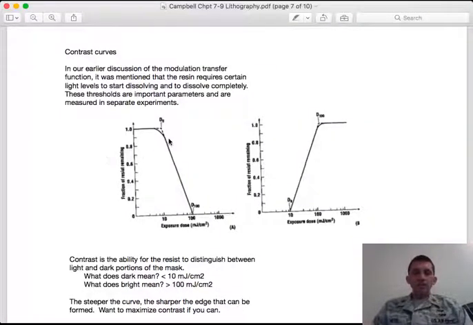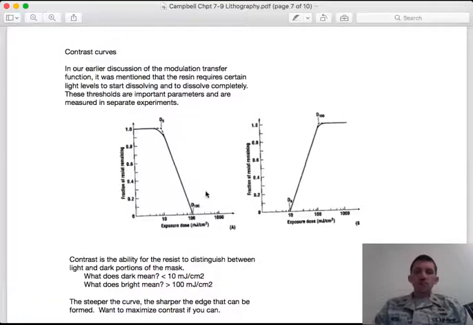And that change requires a minimum amount before it will start. There's a threshold that needs to be met before the developer will start to dissolve it, or not dissolve it, depending on whether it's positive or negative.